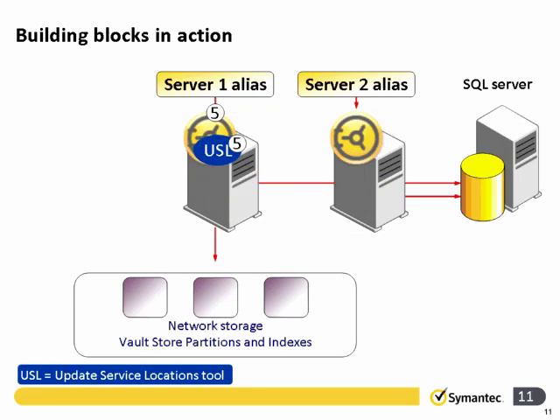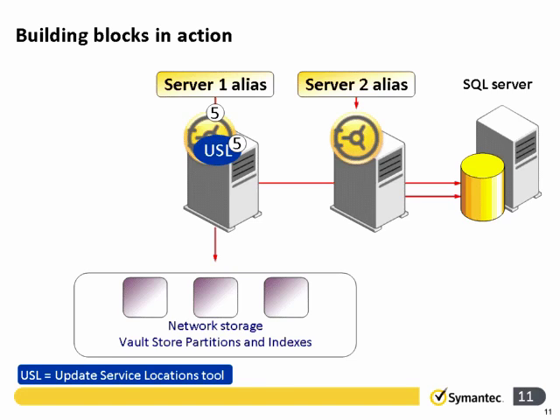If I need to, though, once I fix server 1, I can get the services back to server 1. I will go back to the DNS management tool, repoint the server 1 alias back to the physical server 1, run the update service locations tool again, and then everything will be back the way that it was, having the two Enterprise Vault servers sharing the Enterprise Vault workload.